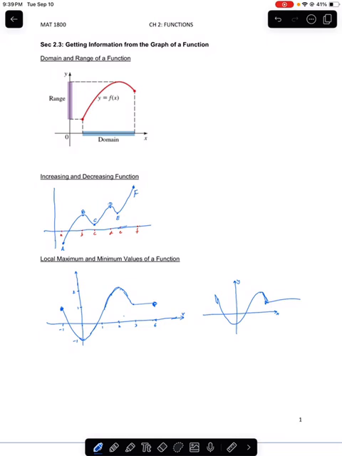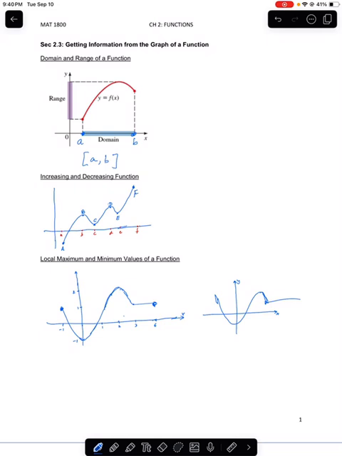In the first picture, you can see the x values from the beginning point, let me call this A, and the ending point B. All these values between A and B, including A and B, have points on the graph. Therefore, the domain in this case will be the closed interval AB.